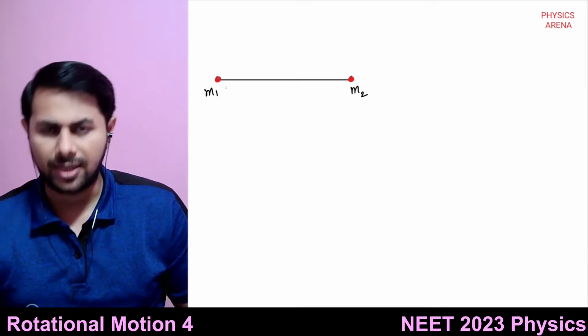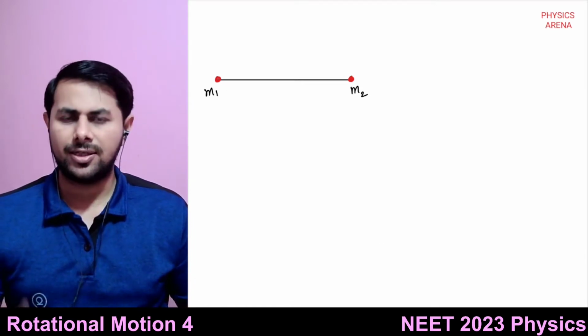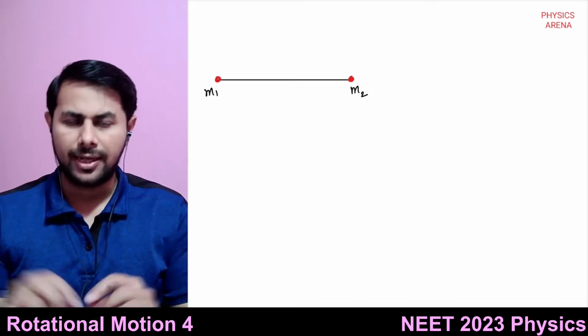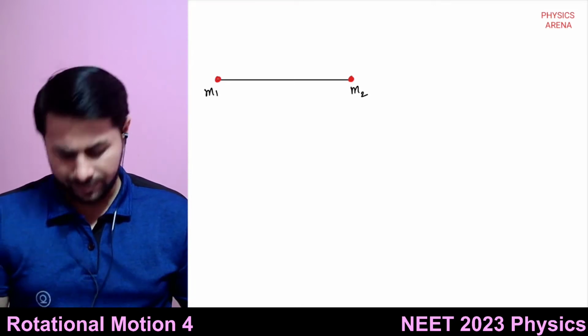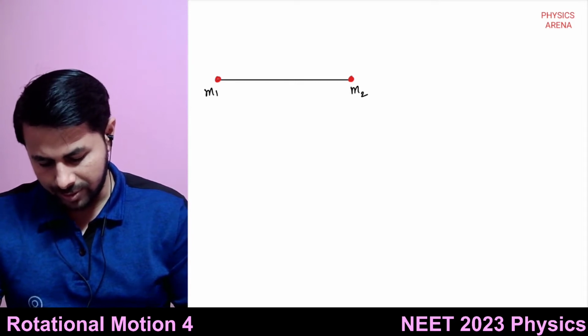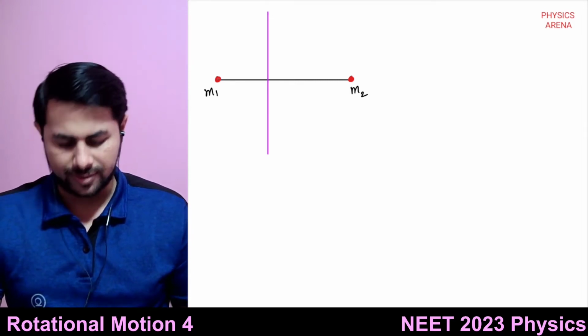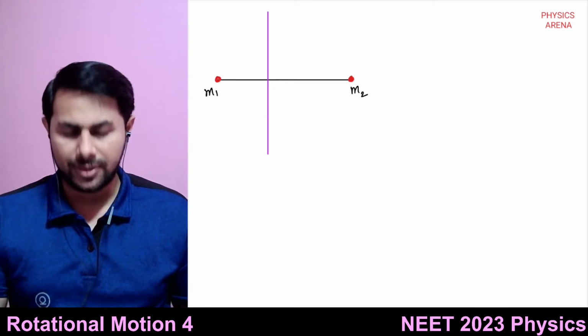These two masses are equal, m1 is equal to m2, equal to m. The length of this rod is suppose L, and I want to find out the moment of inertia of this rod about this axis.